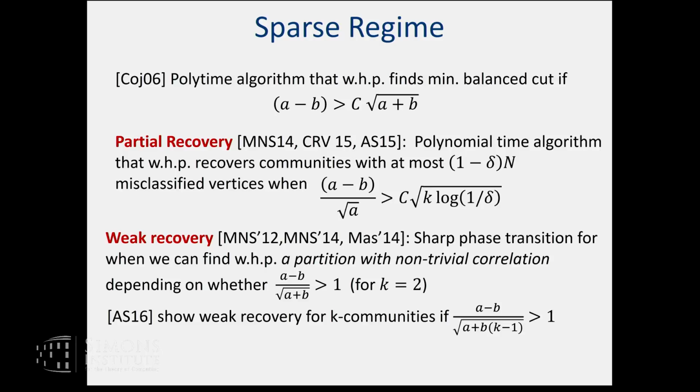And here, due to these amazing results by Mossel, Neeman, and Sly, and Massoulié, they showed this sharp phase transition that occurs. So as long as a minus b divided by the standard deviation is larger than 1, then they give a polynomial time algorithm that can output this partition with non-trivial correlation. And if it is less than 1, then it is information theoretically impossible to do so.